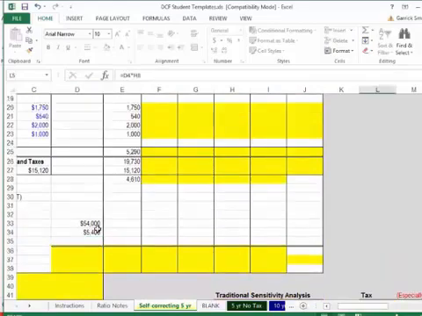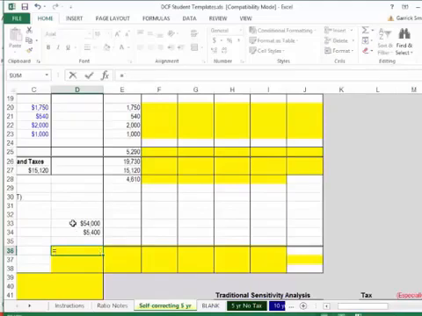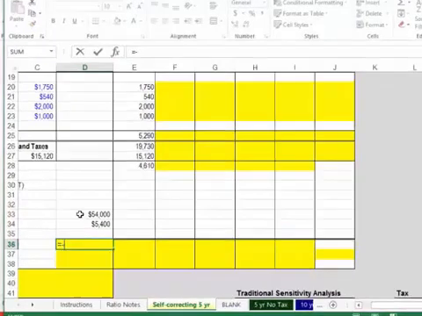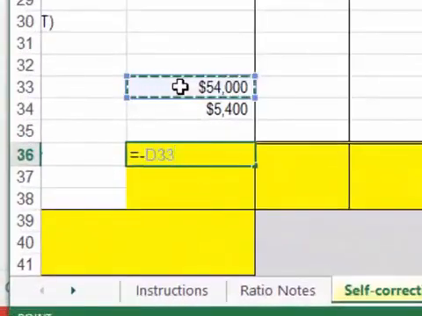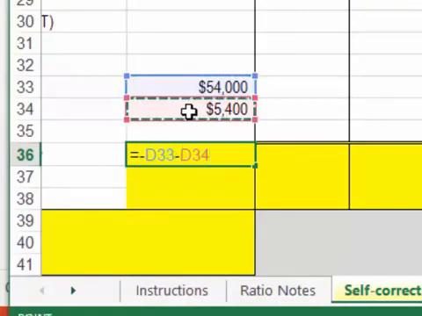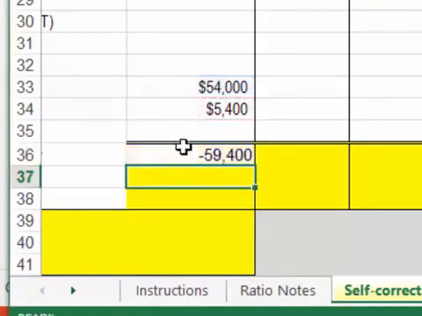I've also paid out $5,400 in purchase fees, which means that my total costs to purchase the property equal, now this is, the $54,000 is going out of my pocket, so I'll put it as a negative value. And as well as that, there's another negative value, so another subtraction of the $5,400 gives me minus $59,400.